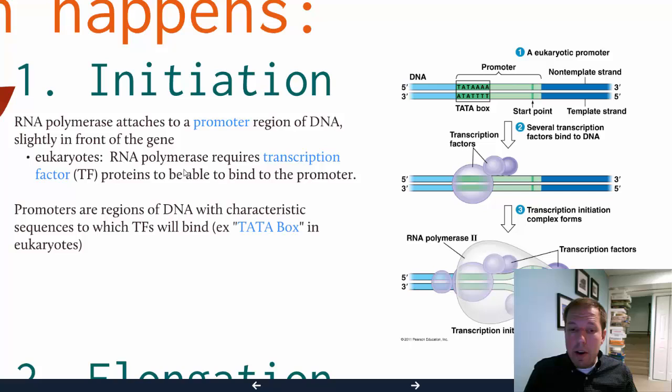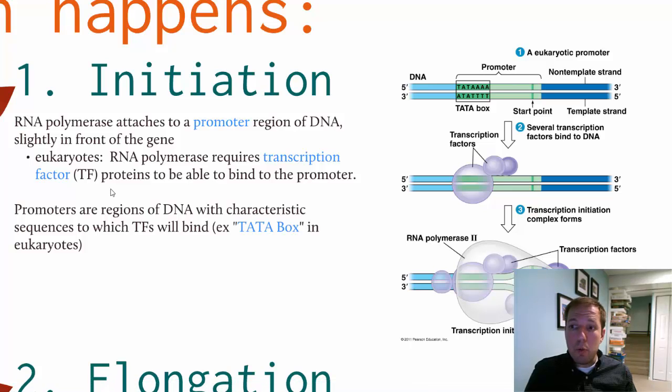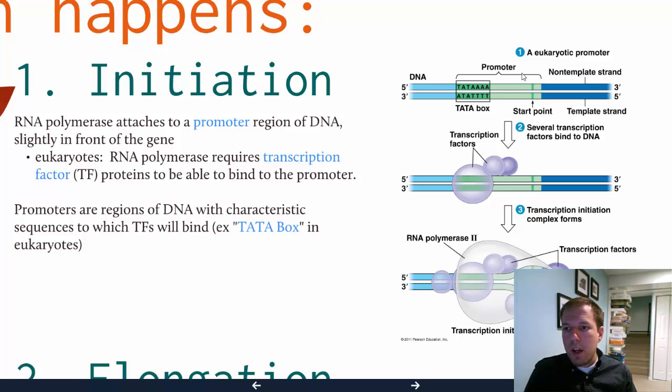Now, in eukaryotic cells, transcription factor proteins are going to be bound to that promoter region of the DNA. So this green sequence illustrates the promoter region, and there is a certain sequence of DNA to which transcription factor proteins are going to be attracted and bind.